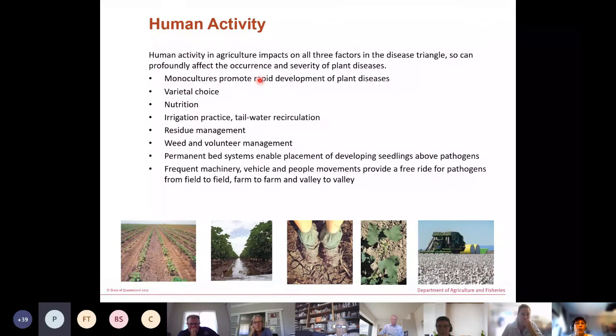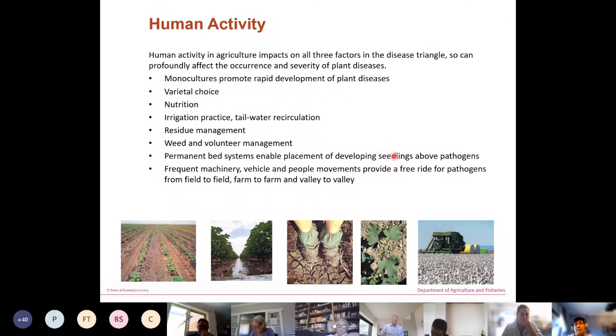So, for example, whether you grow a monoculture, what your variety choice is, what nutrition you decide to choose, the rates that you decide to apply, your irrigation, residue management, weed and volunteer management, the permanent beds, constantly placing into where the inoculum will be highest.